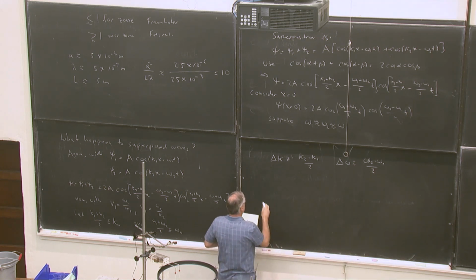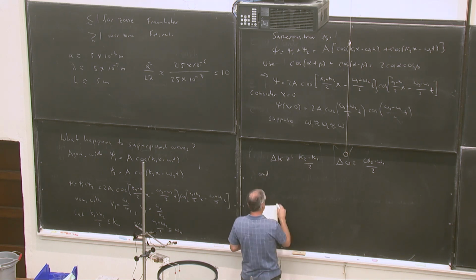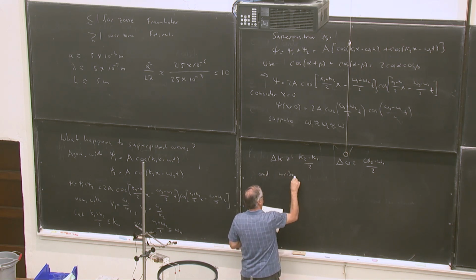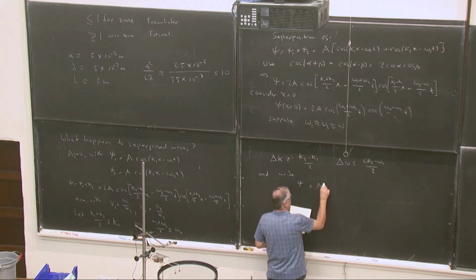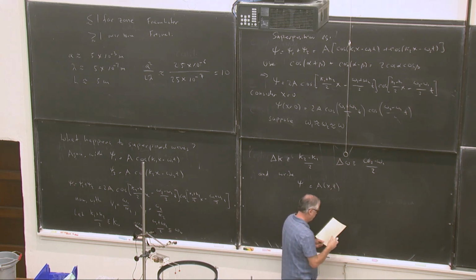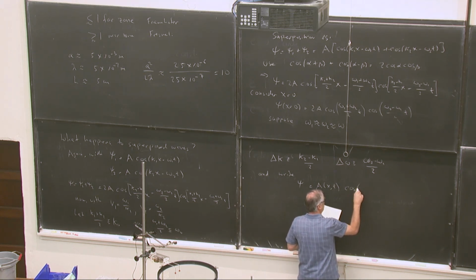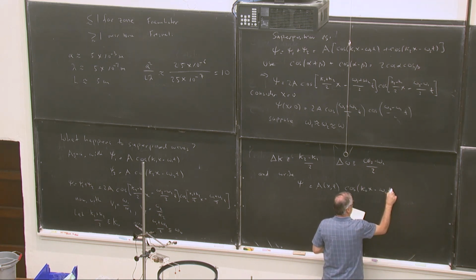And so then I can write that psi is just something out front of cosine K0x minus omega 0 t.